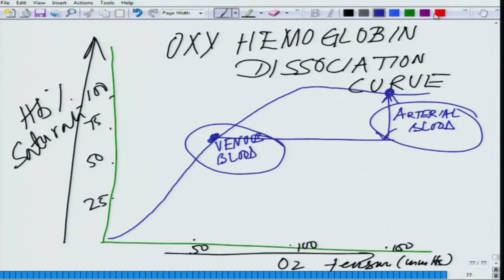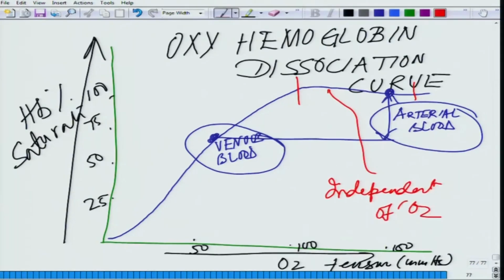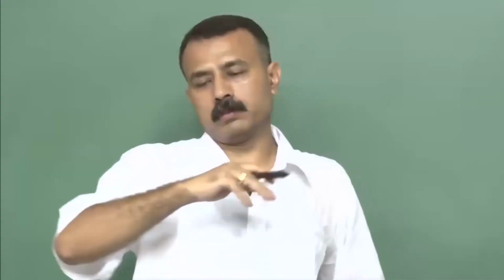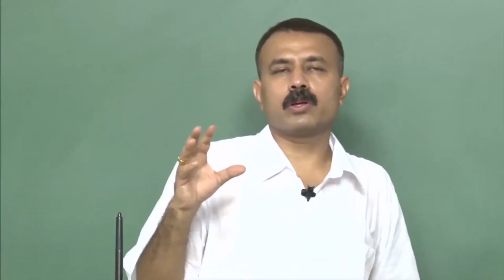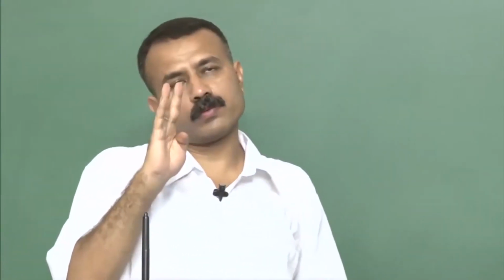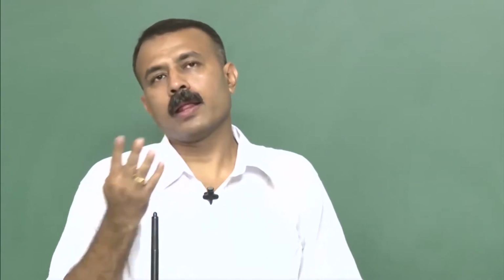And at this part of the curve, this is almost independent of oxygen concentration, because as long as it has the binding sites, all the hemoglobin molecules have a limited number of binding sites. It has only 4 binding sites. Okay.